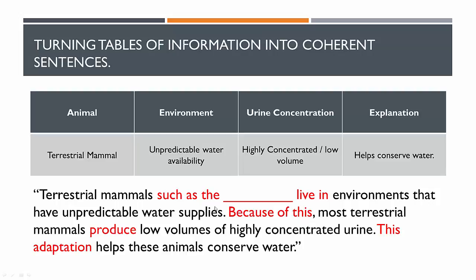So you're linking two statements together. So you're saying because of this, our explanation, most terrestrial mammals produce low volumes of highly concentrated urine. This adaptation, so you're telling me what it is, helps these animals conserve water. So we pulled that from our table as well.